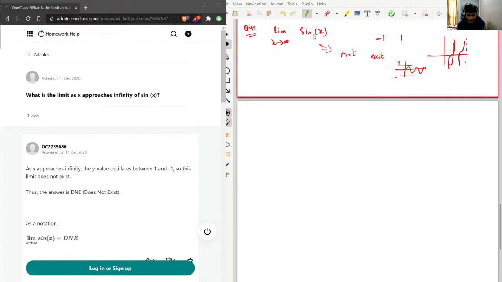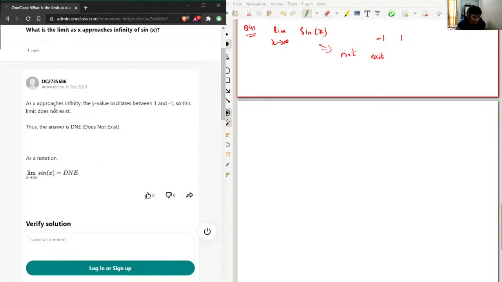So the sine will never touch infinity, unless we have another function where it is added or subtracted with infinity or tangent or some kind of function, but for this one the value will not exist.